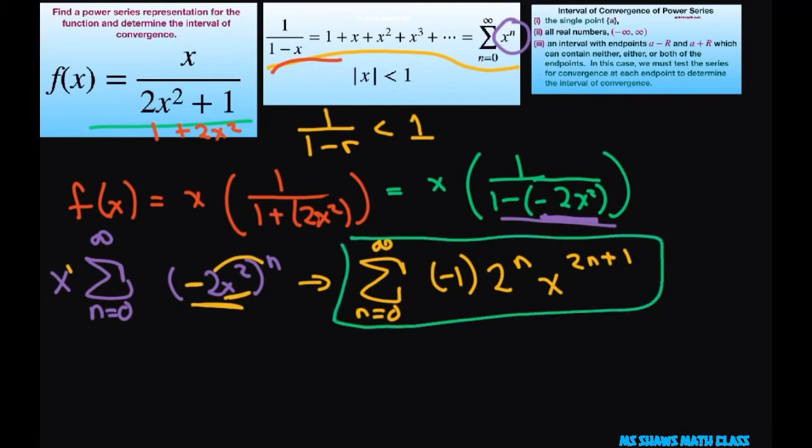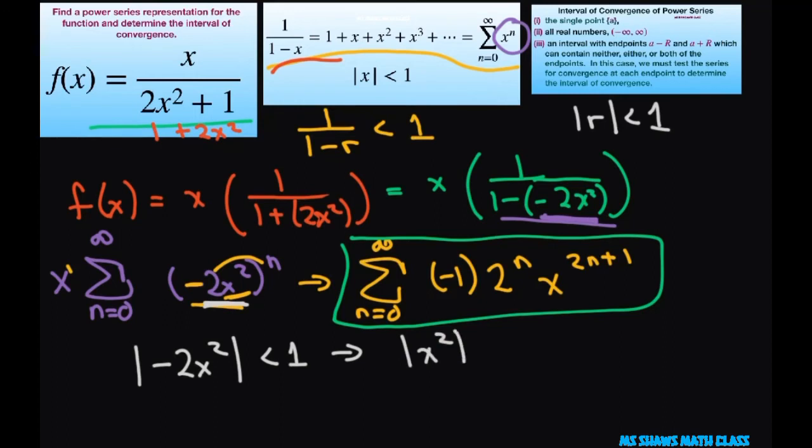But what we want to do is look at this one, because this is your r. So that means our absolute value of r has to be less than 1. So that means the absolute value of negative 2x squared is less than 1. Now simplifying this, this is going to be absolute value of x squared is less than, this is going to change to positive, so it's going to be 1/2.